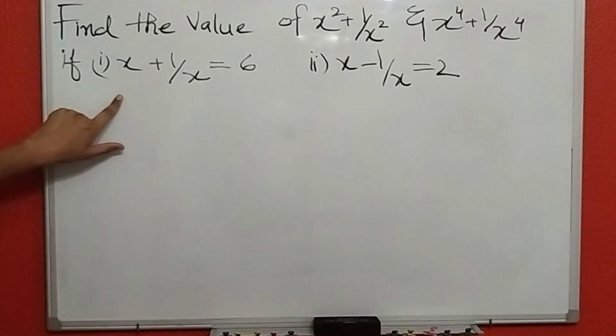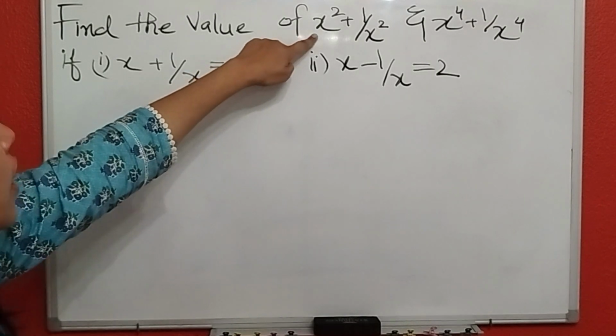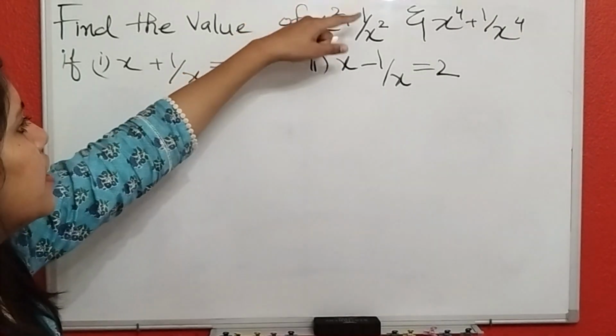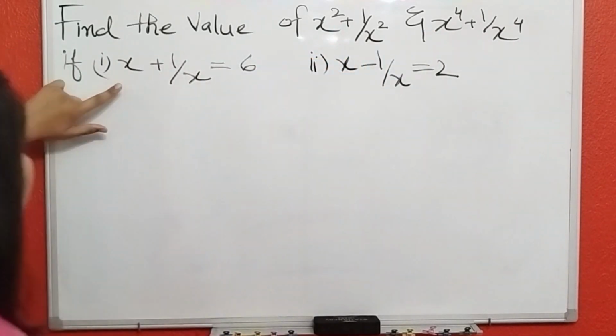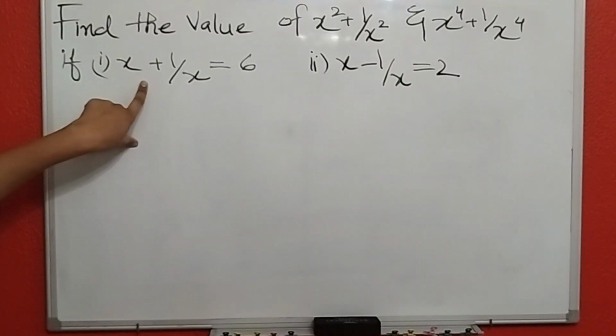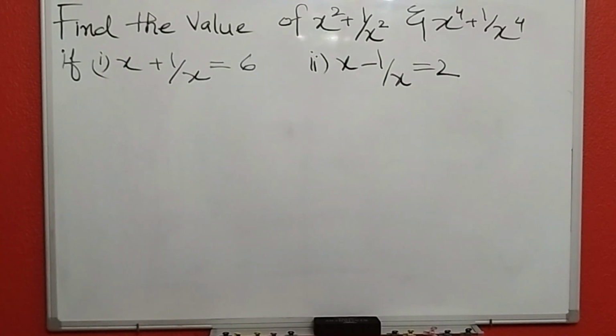So first of all I am going to convert this square. Here you can see this value is in square and this value is in power 4. So I am going to convert this value in the form of squares. Whenever you want to convert any value in the form of squares, you should apply squaring on both sides.